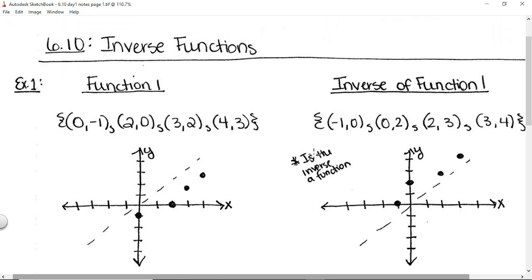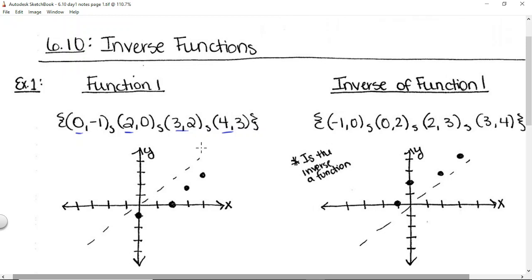Okay, and remember what's required for it to be a function. For each input value, there can only be one output value. So we have function 1, and if we look at the x's, none of the x's repeats. So 0 is paired with -1, but 0 does not show up again to be paired with something else. None of the x values show up a second time to be paired with something else.